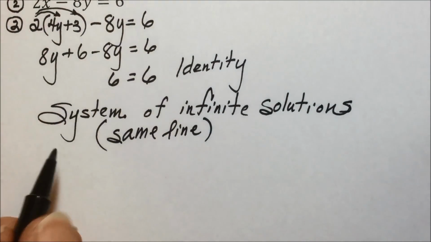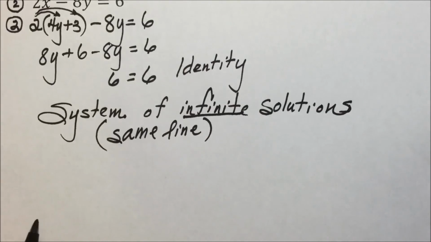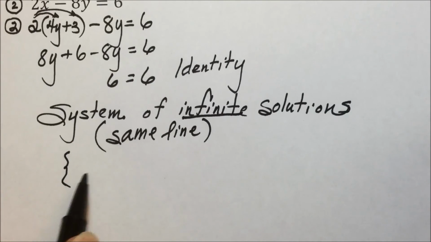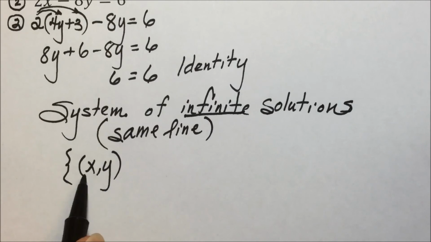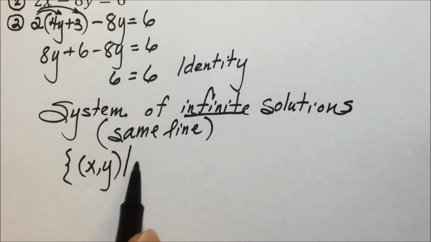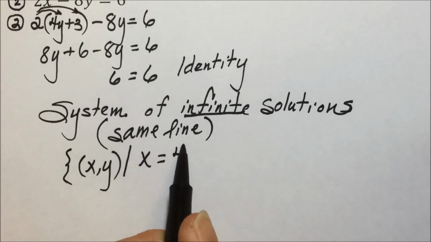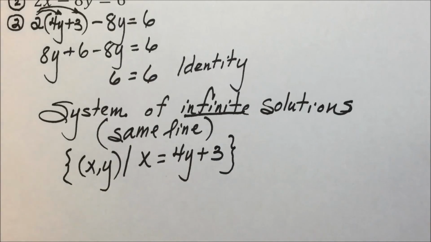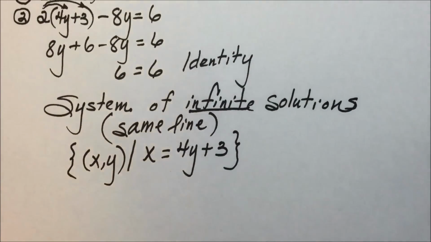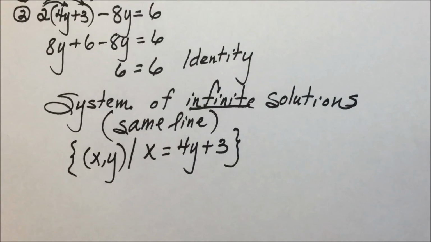So our solution is infinite, and for notation purposes, we could say the points (x, y) such that x is equal to 4y plus 3, writing one of the equations as our rule for this system of equations.